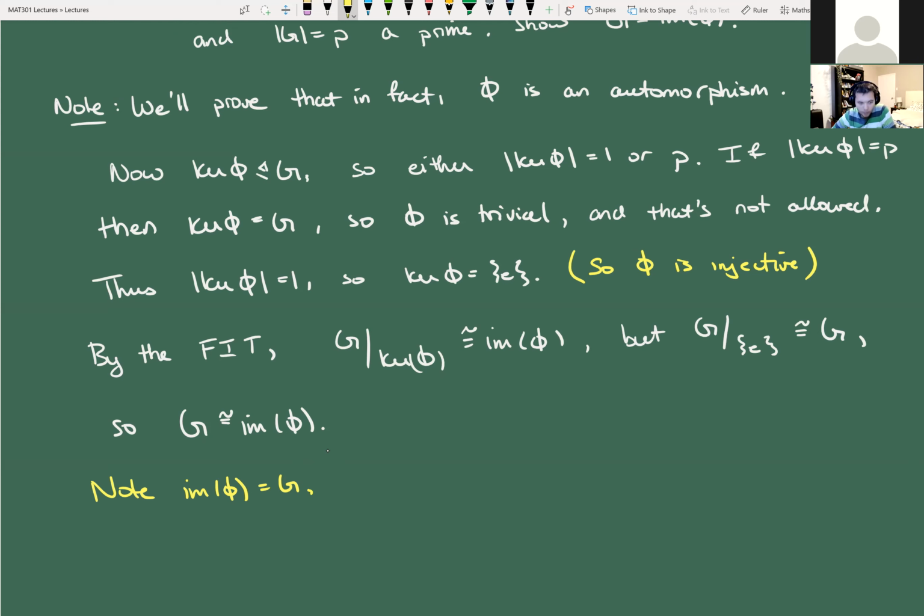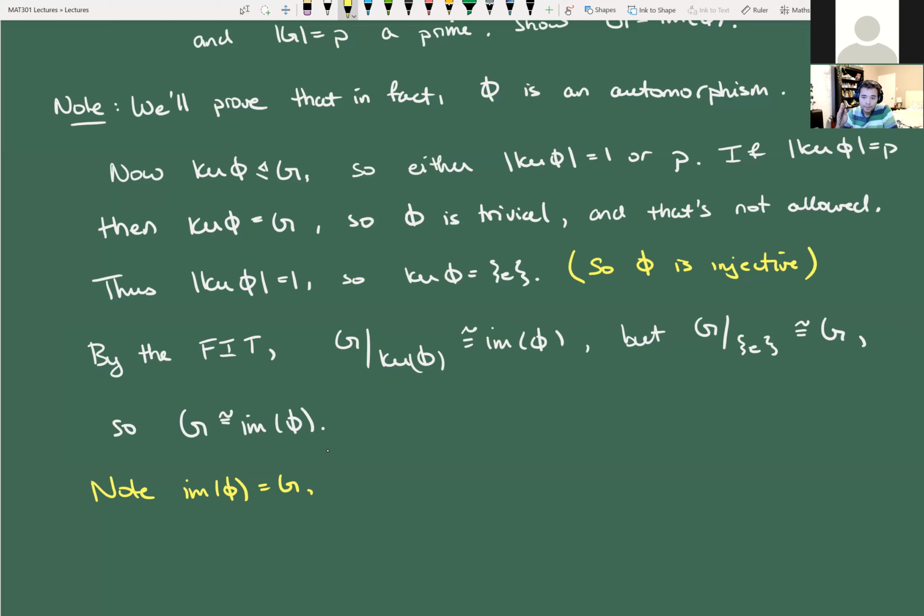Image is all possible outputs. Yeah, okay. We have a word for that though, right? If I give you a function from A to B and every point in B looks like f of a for something, what do we call that? Exactly, it's surjective.